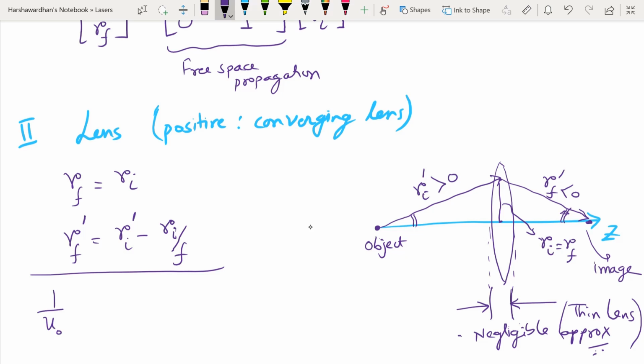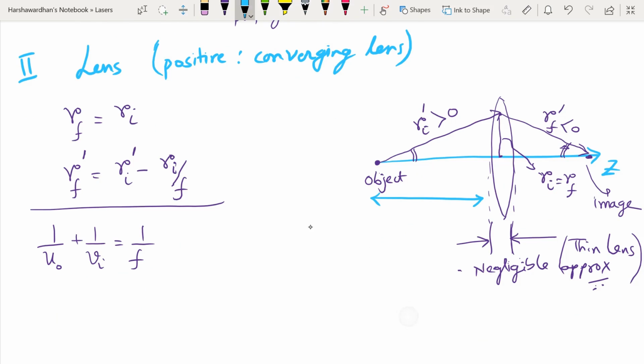You have seen the lens equation. I'm going to simply use that 1 over u naught plus 1 over v, where u, object, and v, image, are the distances of the object and the image, is actually given by 1 over f.